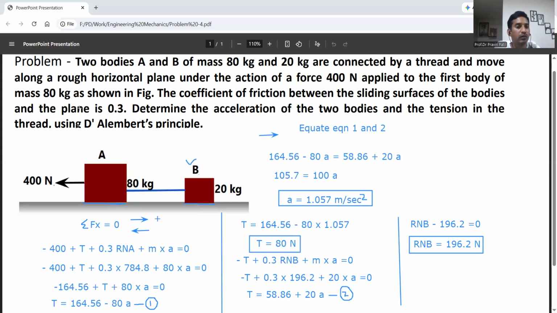But the question was to determine the acceleration of the two bodies. So the acceleration of the two bodies is 1.057 meter per second square, and the tension in the thread is 80 Newton. This is the final answer.